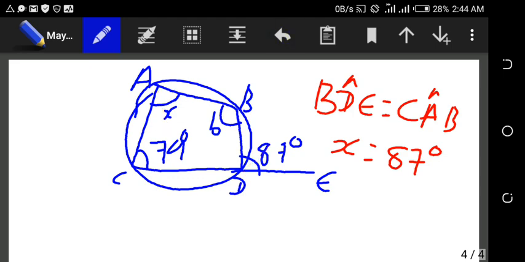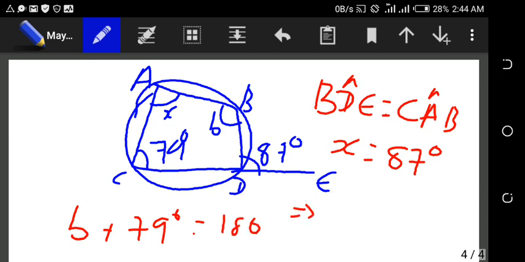And if we want to find the value of B here, remember that in cyclic quadrilaterals, one of the theorems is that the opposite angles of a cyclic quadrilateral are supplementary. In other words, they add up to 180 degrees. So in this case, B plus 79 degrees must give us 180.